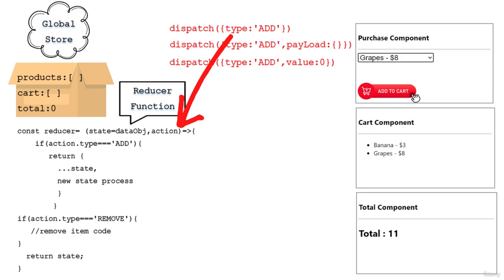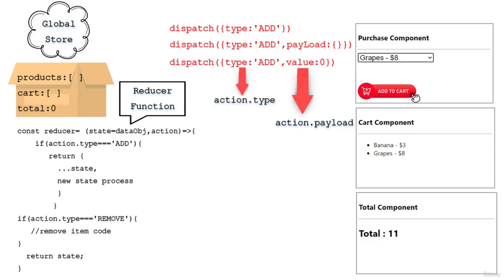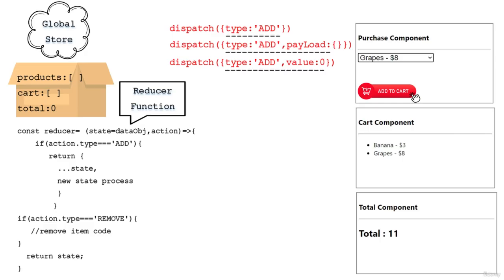So the object which you pass inside the dispatch, maybe this one or this one, that is passed to action, that is here in this parameter. So you can check which is the action type and what is the payload. So you have this dispatch object passed to action, and then you can refer it the way you want to.